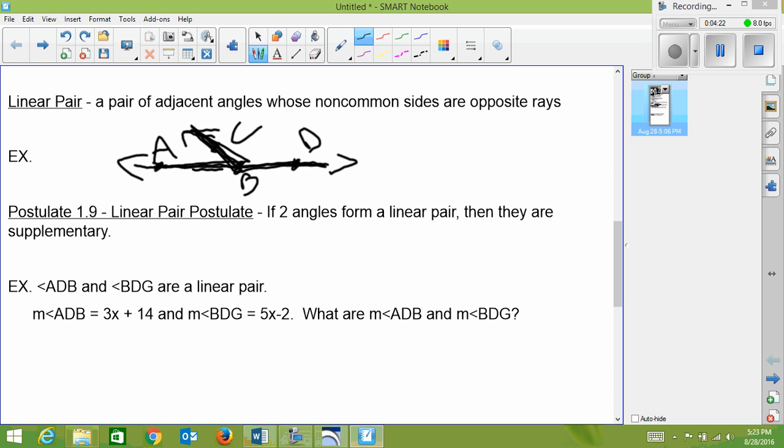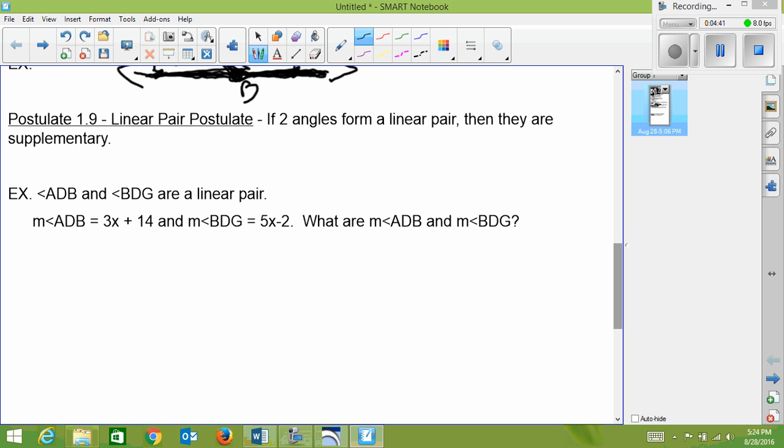Their non-common sides, which would be this one and this one, are opposite rays. They start at B and go the opposite direction. This side is the common side, but that's not an opposite ray because nothing goes down below B there.